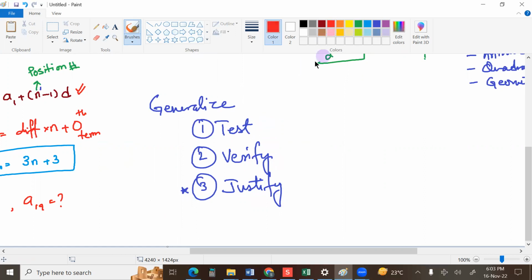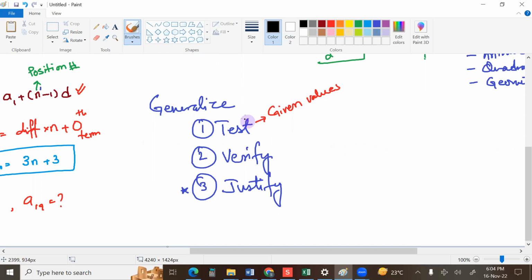Now, how do you test? For test, which values do you use? You always use the given values. Don't say first three terms or first four terms or first two. Whatever number of terms they have already given, you use those given values, then you are doing testing. Also important to note is you have to announce that you're testing. You just can't plug in the values without any announcement.